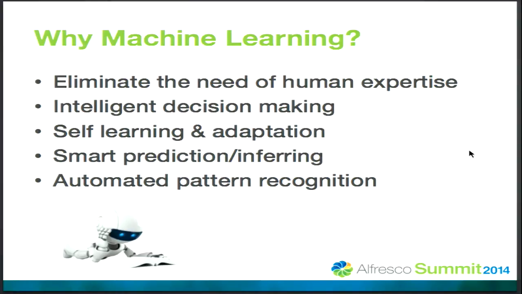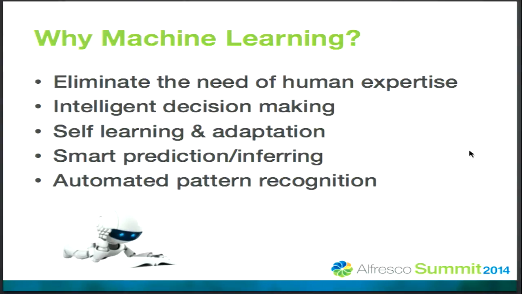Why machine learning? Because it eliminates the need for human expertise. Machine learning will help you automate this metadata generation process, so it eliminates human involvement and enables intelligent decision making.